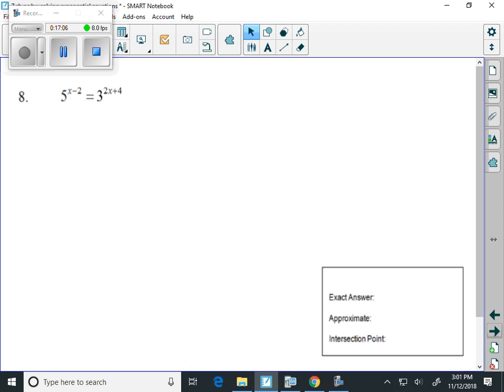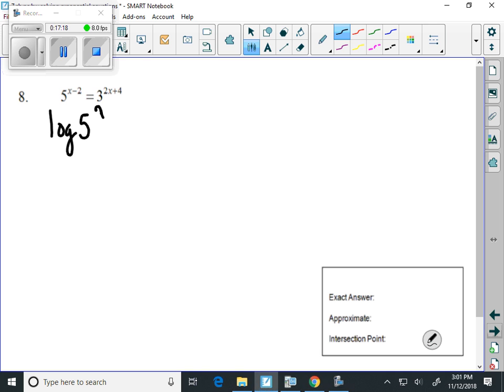And lastly, same kind of problem, same kind of process. And we're going to put in a log. Log of 5 to the x minus 2 equals log of 3 to the 2x plus 4. We're going to take our exponents, and we're going to write it out front.